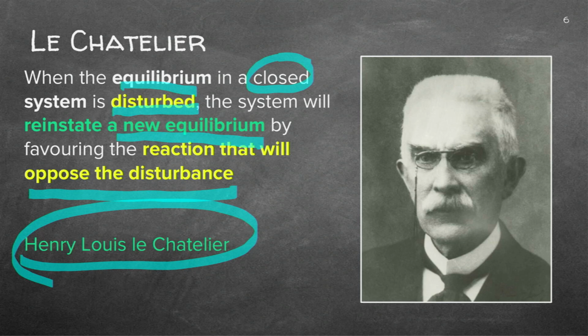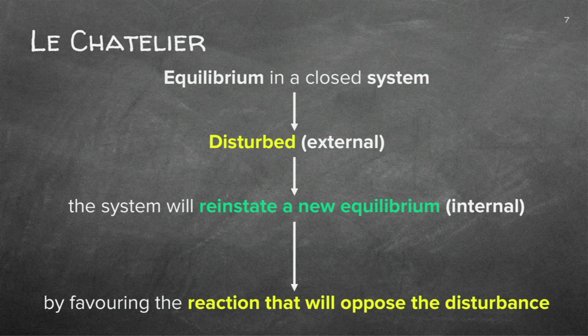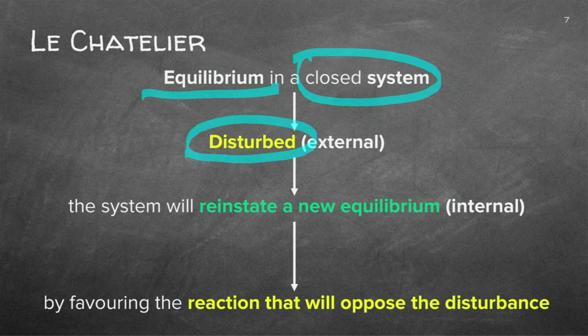So whatever you're doing, the reaction of the system will counteract that exact disturbance. Let's go through it again. It has to be a closed system. You've got equilibrium. I'm now going to disturb it externally, and I can either change the temperature, I can change the concentration, and I can change the pressure.